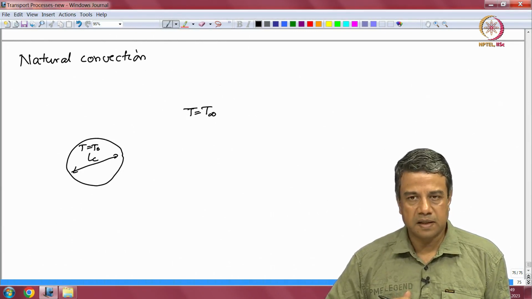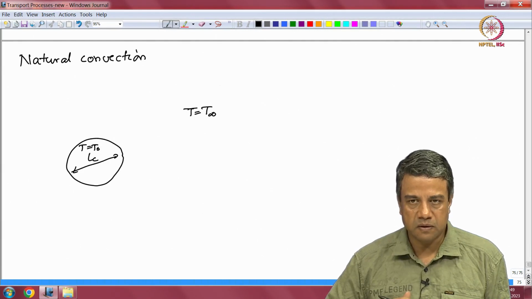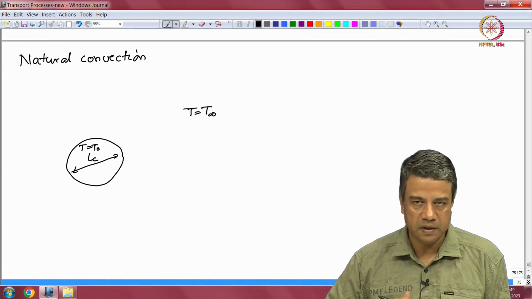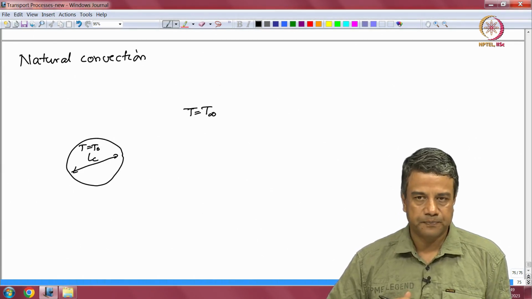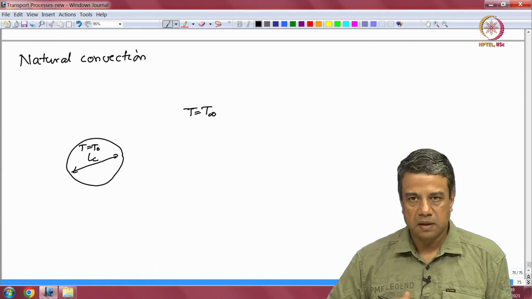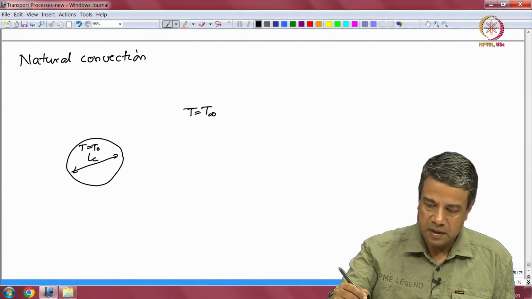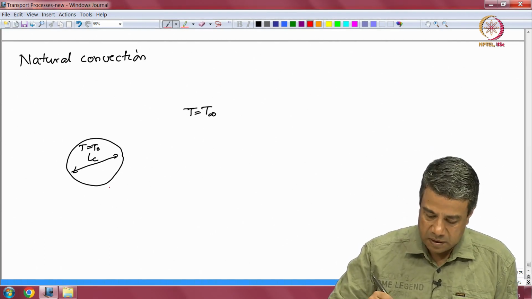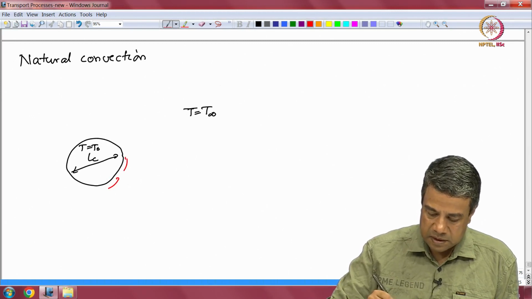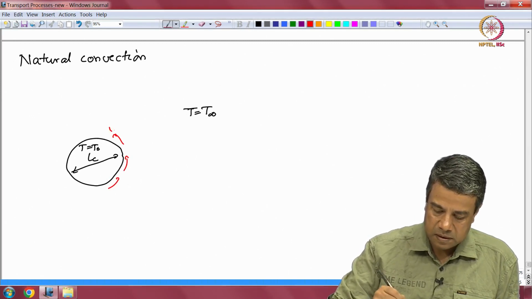There is a second mechanism which is convective transport due to the heating of the fluid close to the object. The fluid close to the object is hotter, and hotter fluid usually has a lower density. Therefore, this hotter fluid will rise because the density is lower.